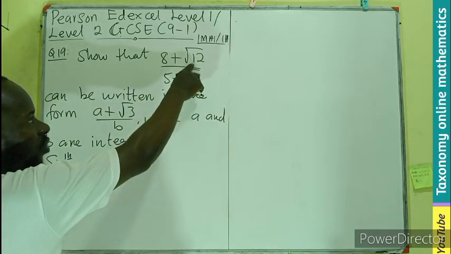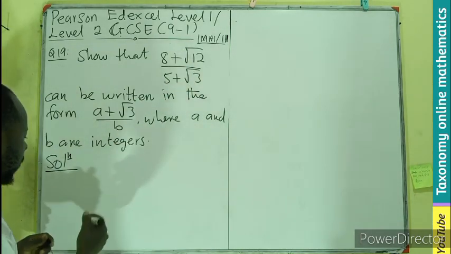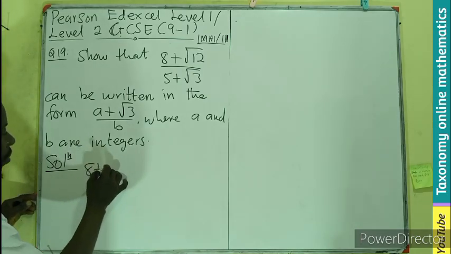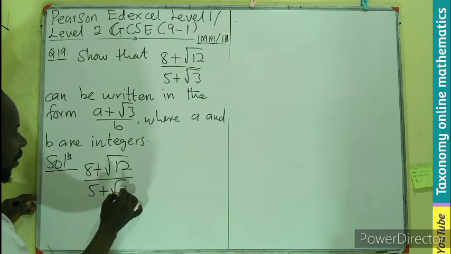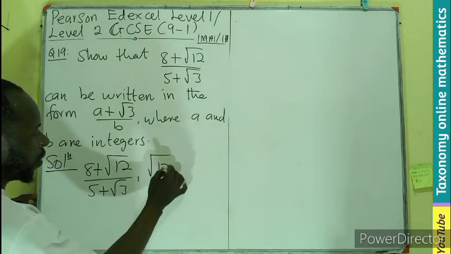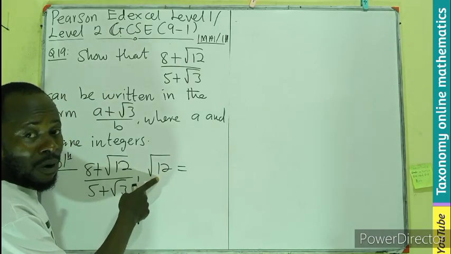But I can see that root 12 can be reduced to its simplest form. In 8 plus the root of 12, I can write root 12 using a perfect square. What is the perfect square? That is 4.